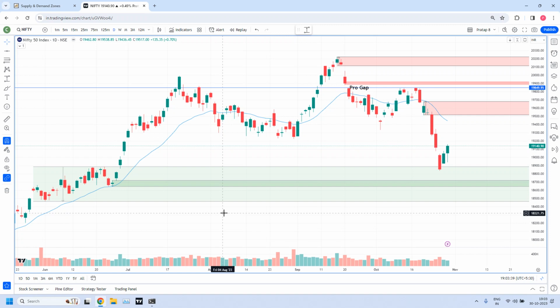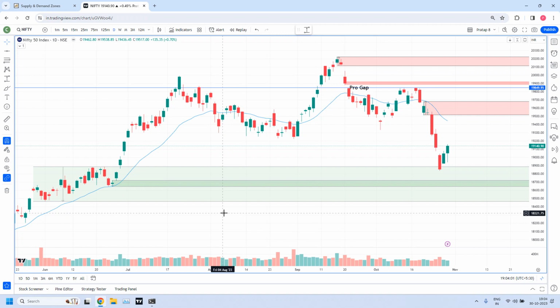Before generating demand and supply zone reports, let us quickly look into the trades, the high liquidity zones generated in our previous report. We have three demand zones. High liquidity demand zones.